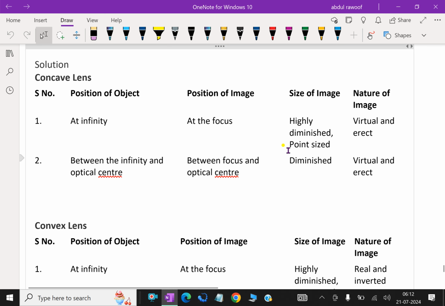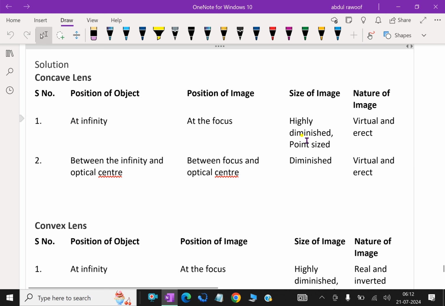Now what we discussed about the position of the image and the object, distances, type of image and size of image, we can do in tabular form here. Look here. First, concave lenses. First, object at infinity: the position of the image is at the focus.